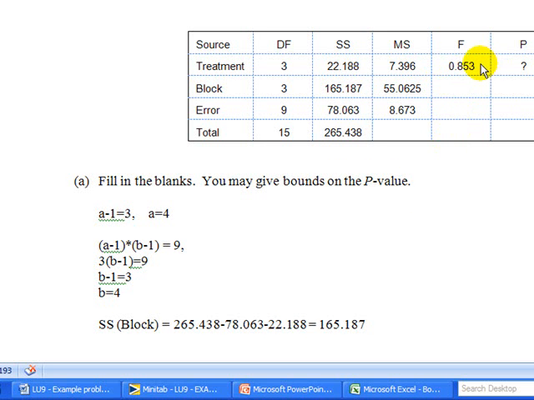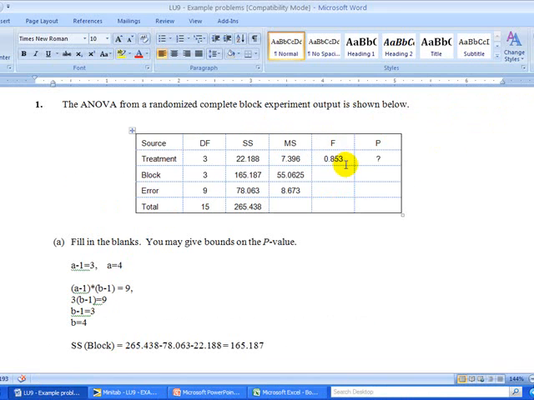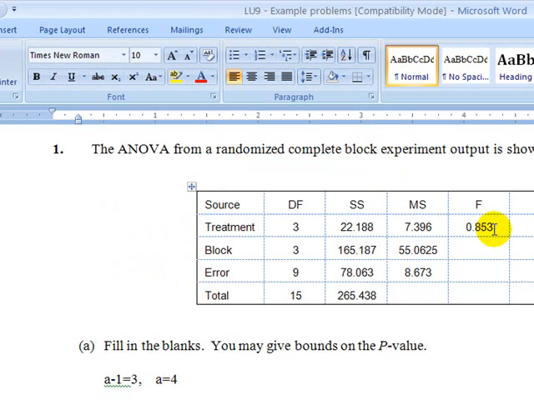Okay, now let us focus on this f value here. What is this f value? This f value is basically based on the treatments and error, right? And as we know, there are two parameters for the f distribution, and they are degrees of freedom for the numerator and degrees of freedom for the denominator.